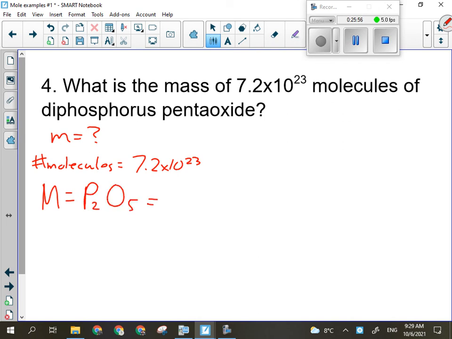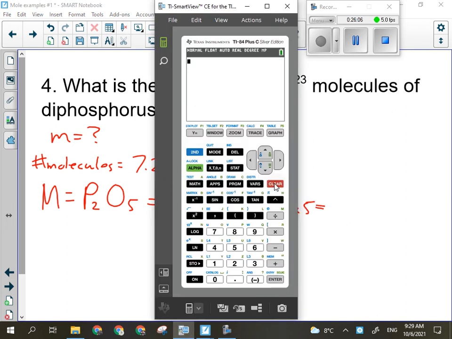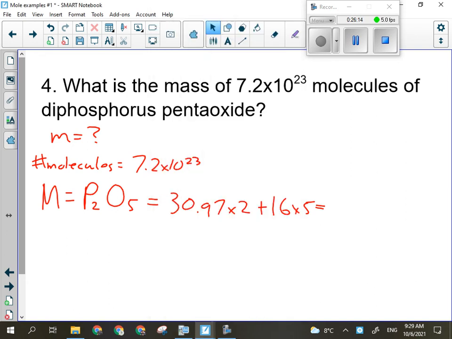So we got 30.97 times 2 plus 16 times 5 for our molar mass. So 141.94 grams per mole for our molar mass there.